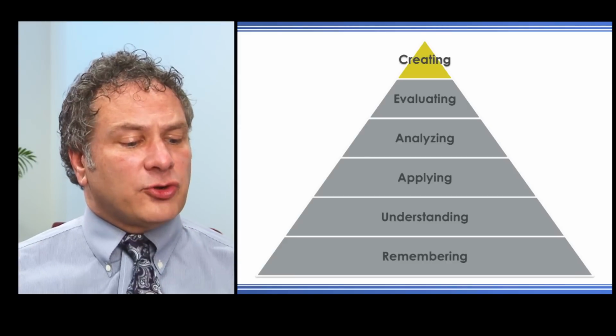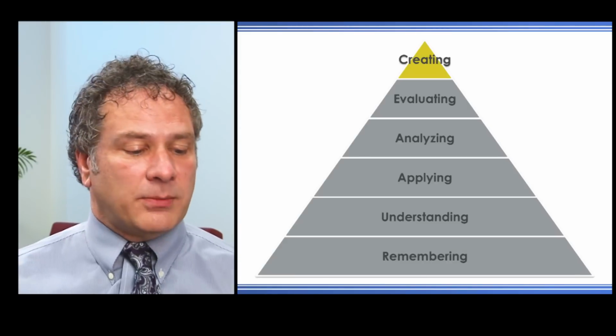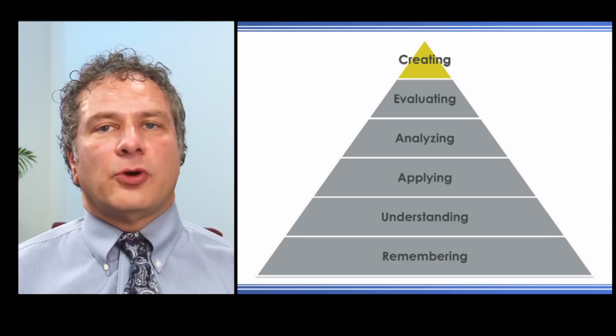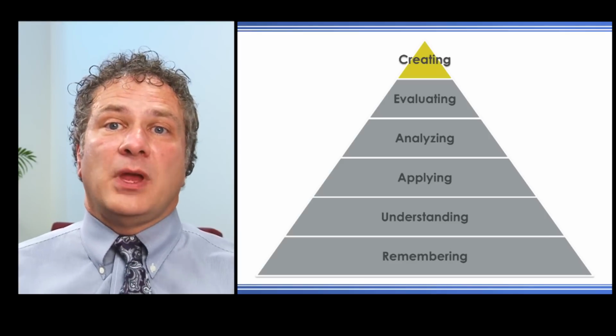And finally, at the creating level, the highest level of comprehension in Bloom's taxonomy, students can assemble, construct, design, formulate, write, change information they have into something new. My example for you here is, again, in that same social studies class, we talked about the Bill of Rights. The students in the class wrote their own Bill of Rights for us to give to the principal.